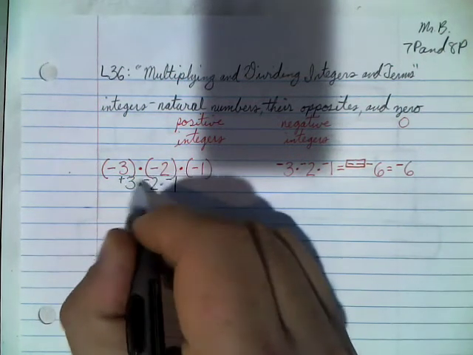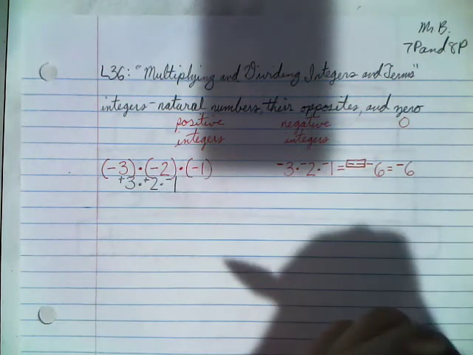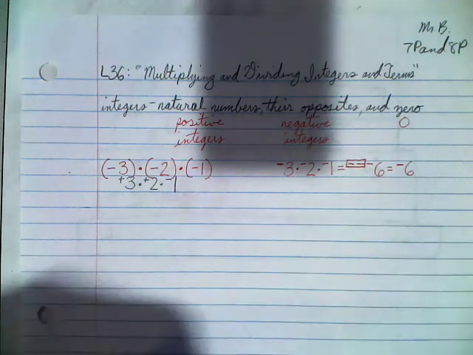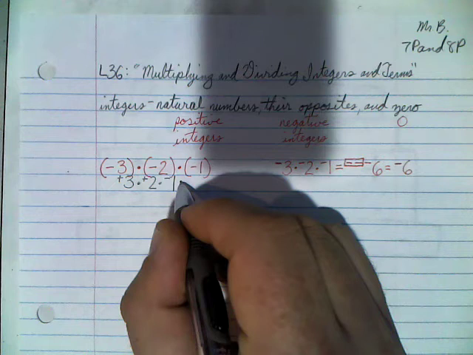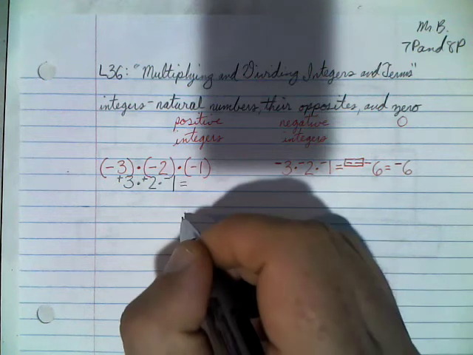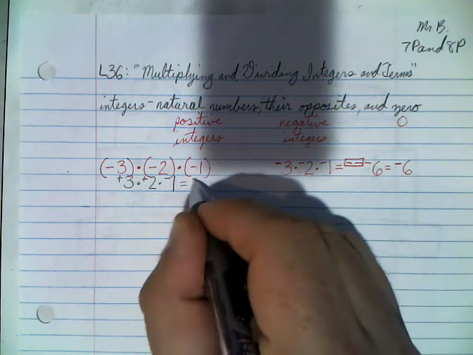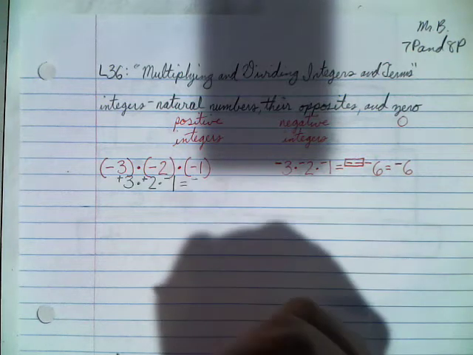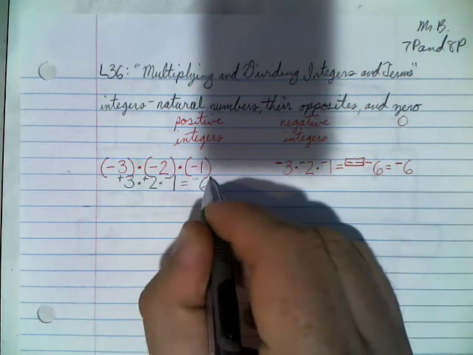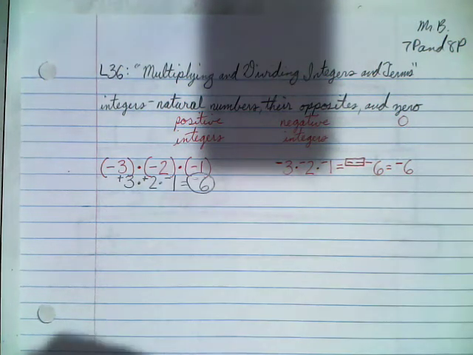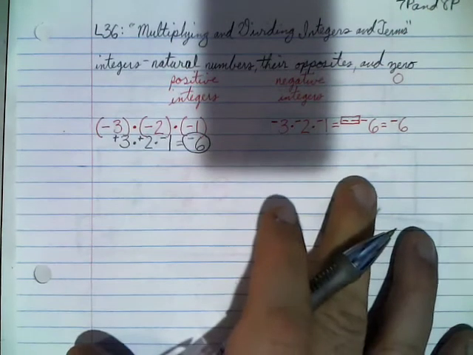So take a negative and take a negative, cancel them out. If you can get another pair, cancel out another pair. Well, I can't cancel out this last one. There's nothing to pair up with it. So that means there will be a single negative that will tag along to the answer. And now 3 times 2 is 6, times 1 is still 6. And that's how I would do it on the homework.